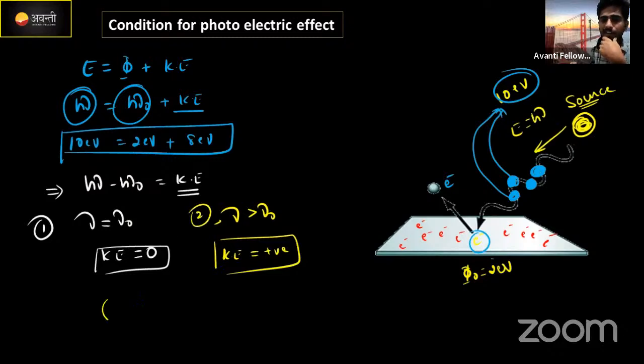Third scenario: if the applied frequency is less than the threshold frequency, meaning the threshold energy is 2 electron volt but we applied less than that, we didn't provide sufficient energy to eject the electron. So there is no kinetic energy, and no photoelectric effect.